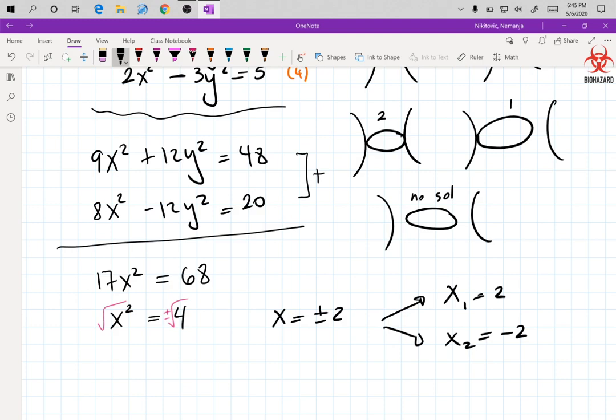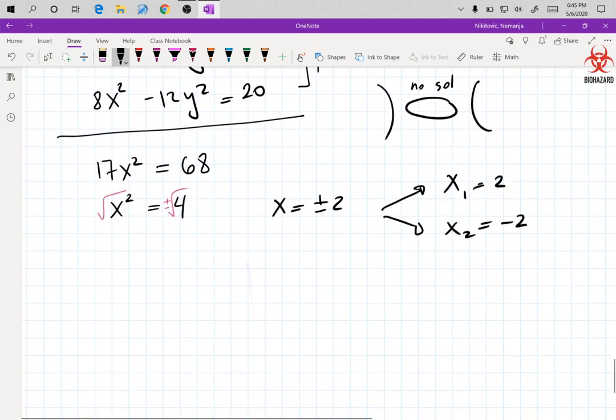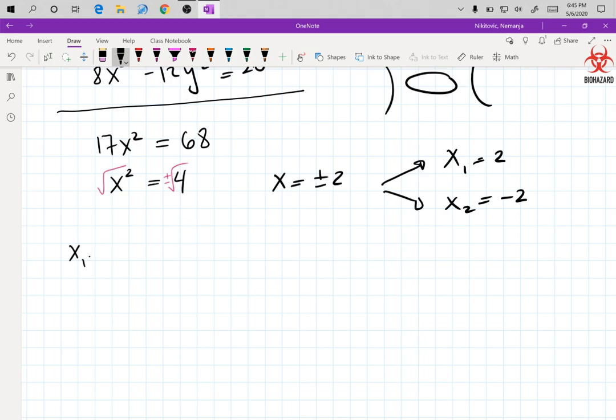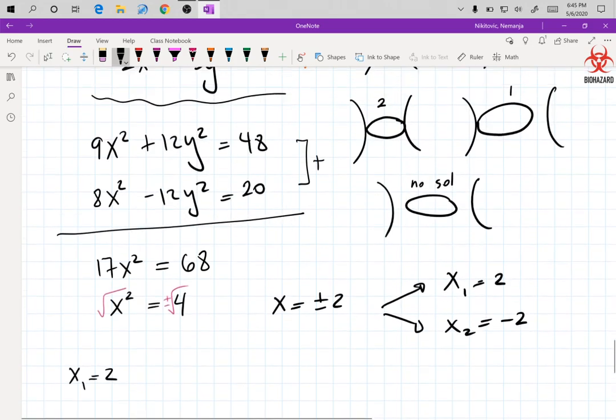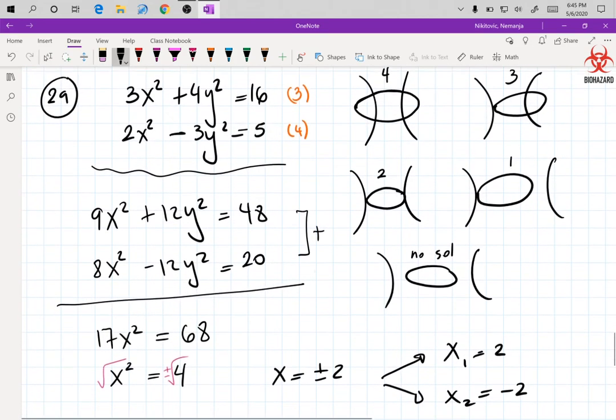When you square root both sides of the equation, you will have to do the plus minus on both sides. So now, when x1 is equal to 2, pick one of the equations.